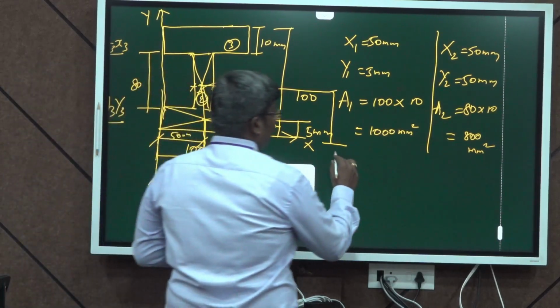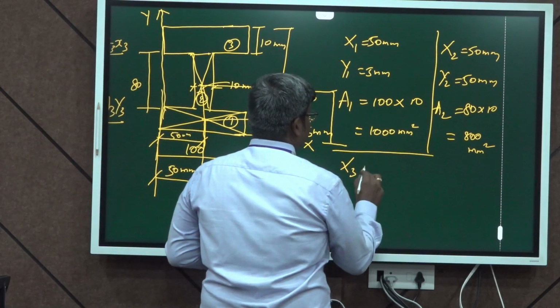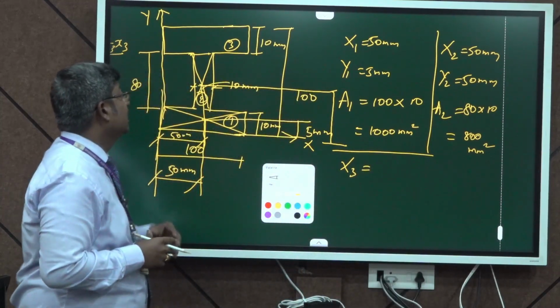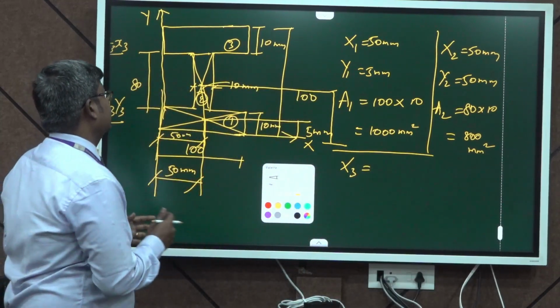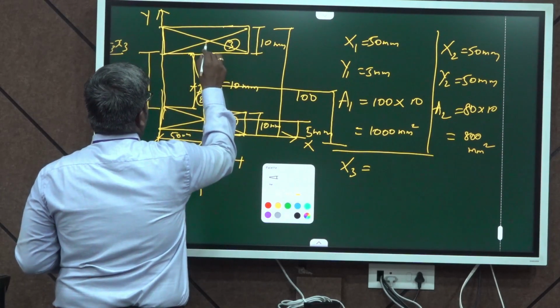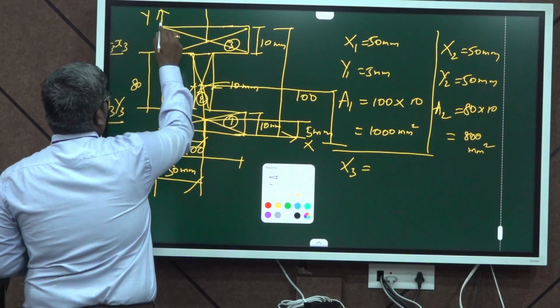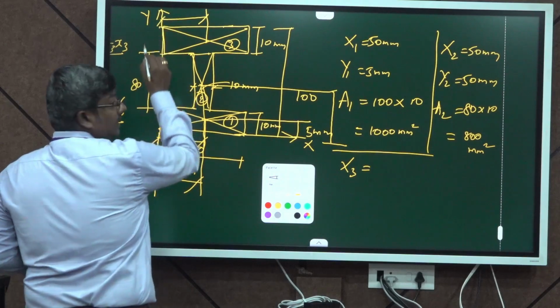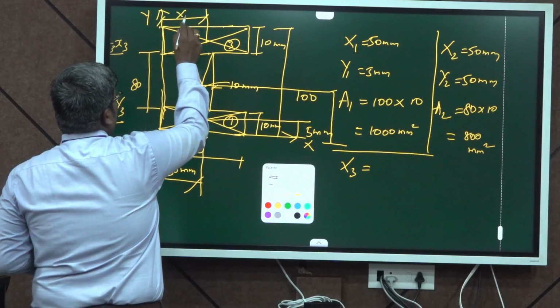Let me take x3 as the center of gravity of the third portion about the x axis. It lies here from the reference axis y, so the x3 value can be calculated.